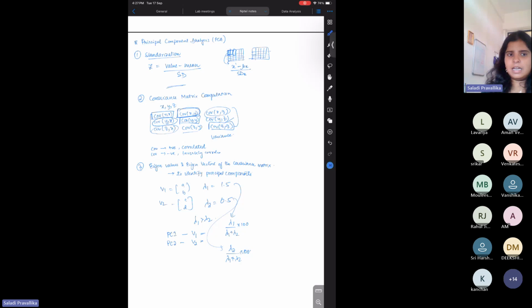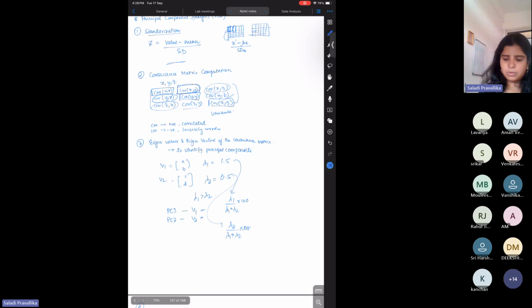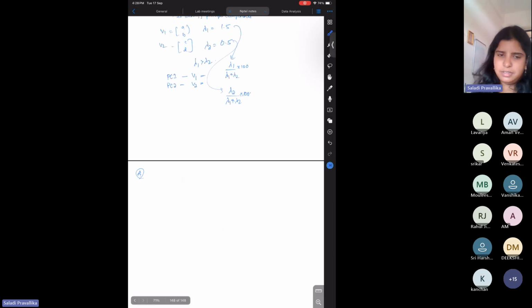Once that is done, we take the multiple variables and find the covariance between each pair, like X and Y, X and Z, and so on. We find the covariance matrix and conclude how each variable is correlated with the others, based on the sign. Since we already have the covariance matrix, we find the eigenvalues and eigenvectors of it. Those are the three steps.